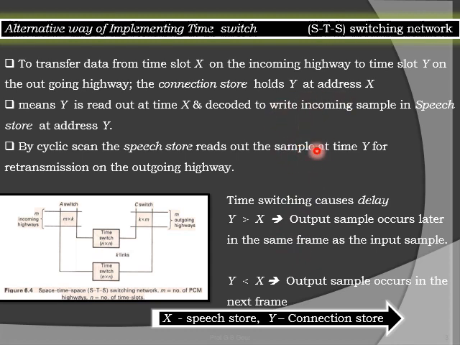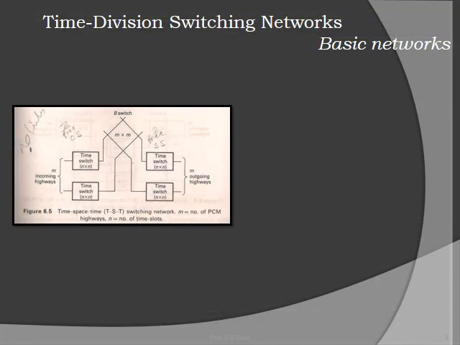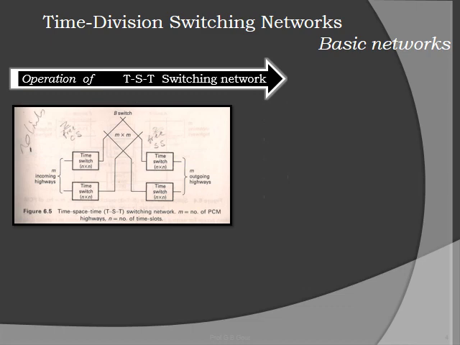In a similar way you can explain TST, time space time switching networks. Here M incoming highways are supported with N by N time switches, with only one space switch, a matrix of cross points, M by N. Then again the space switching happens here.